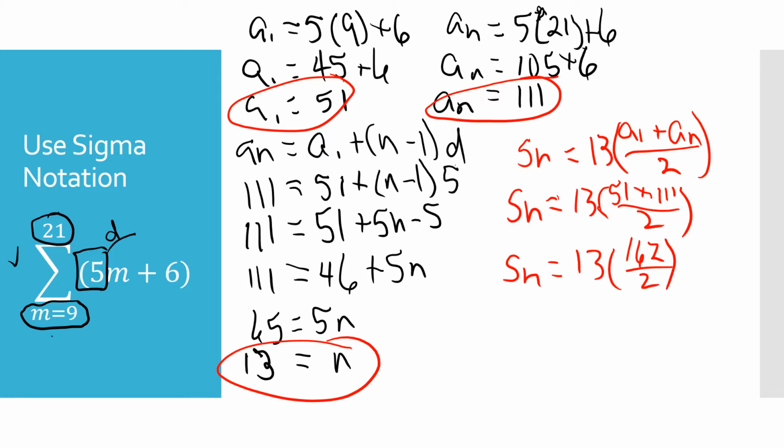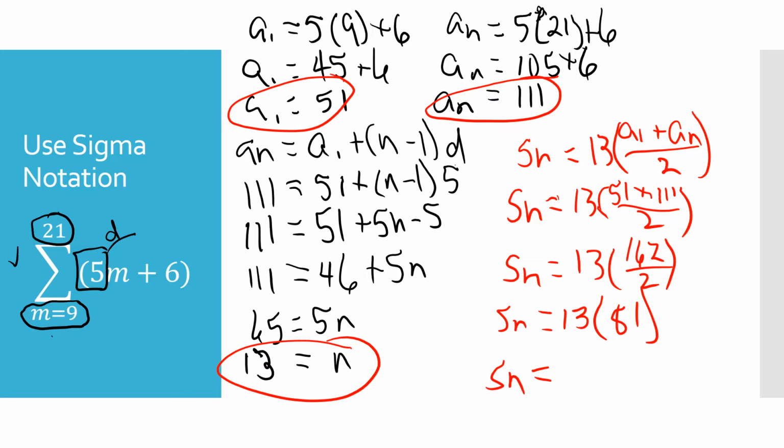Sn is now equal to 13 times, 162 divided by 2 is 81. And finish it off. The sum of this series, Sn, is equal to 13 times 81.